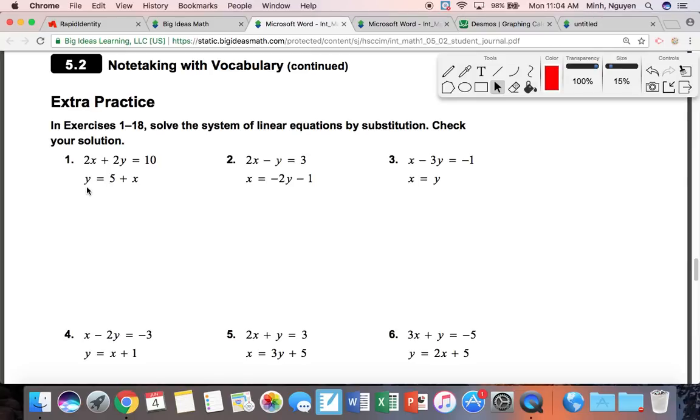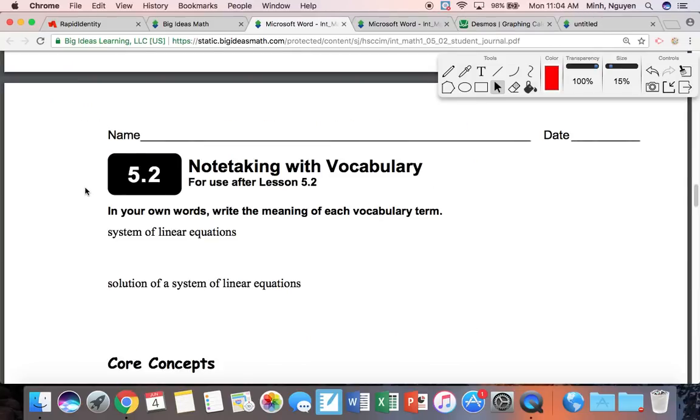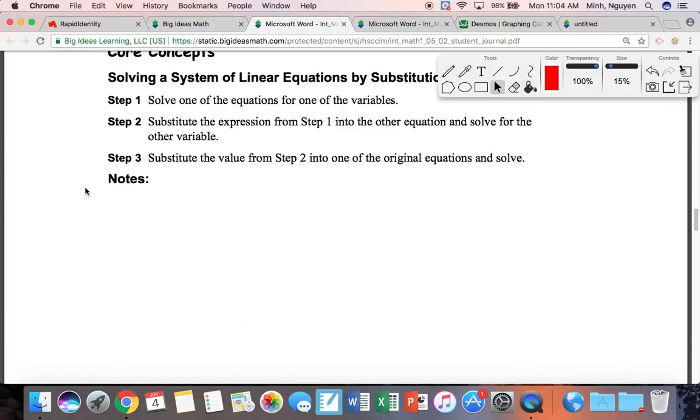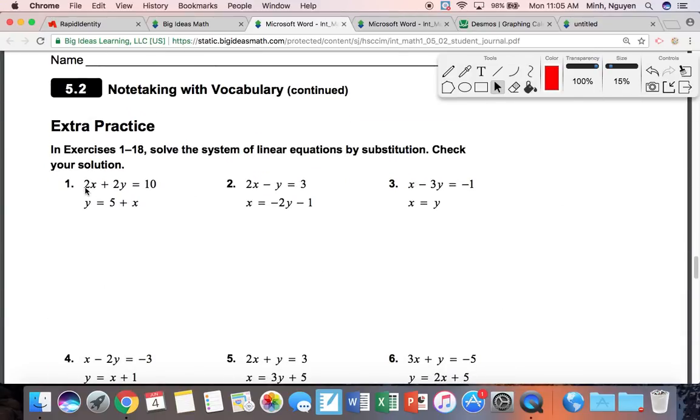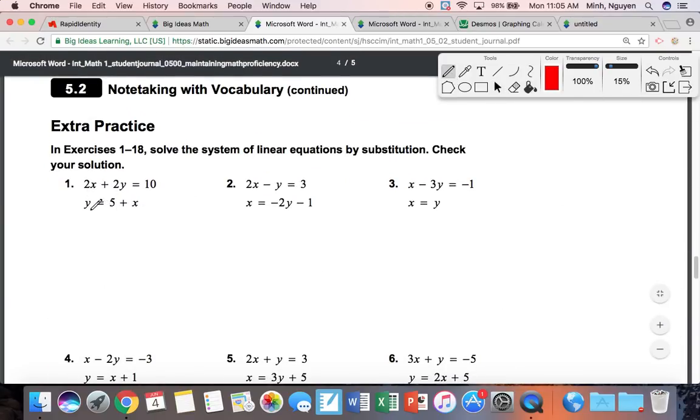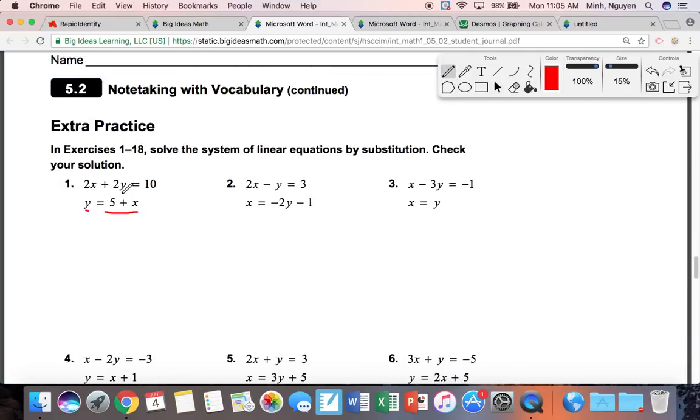Because y is already by itself, this one is already solved for y. So let's go into step 2: substitute the expression from step 1 into the other equation. Because I know that y is equal to 5 plus x, that means anytime I see a y, I can replace it with this. Why can I do that? Because they're equal. If they're equal, then they're the same thing.